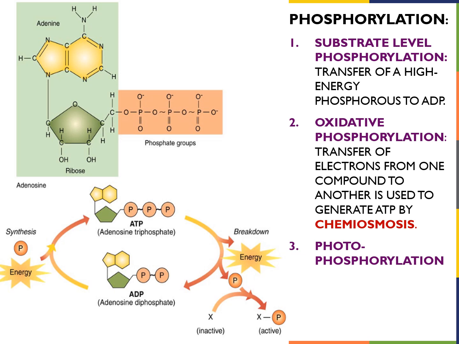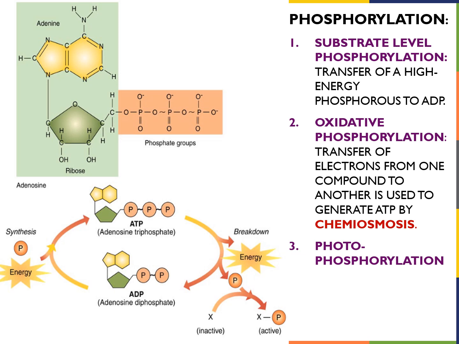Now you have 3 phosphates. So ADP plus this equals this. This is the example of substrate level phosphorylation. ADP plus P equals ATP. Well, if you look at the definition of substrate level phosphorylation, that's the exact definition. ADP plus P equaling ATP.